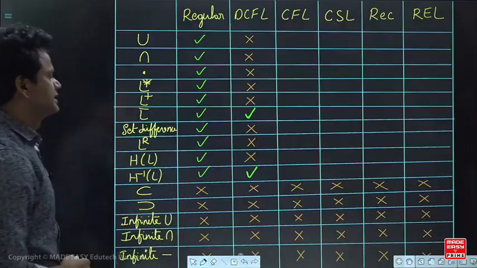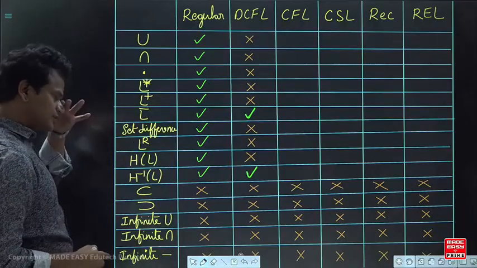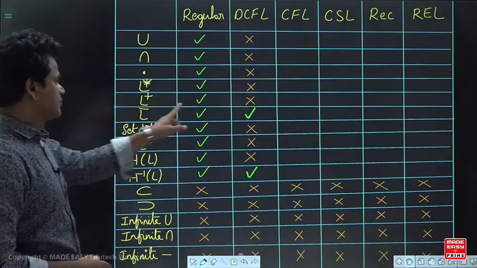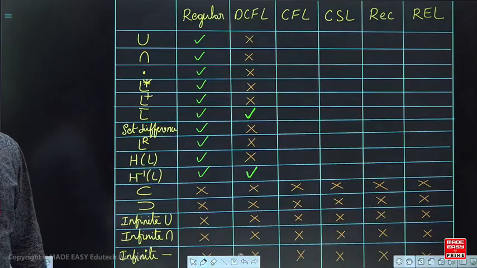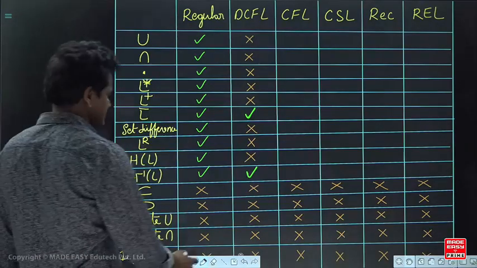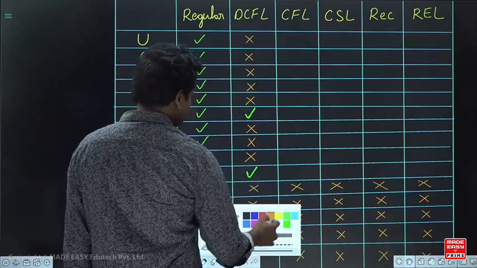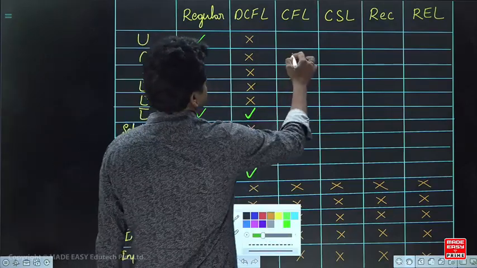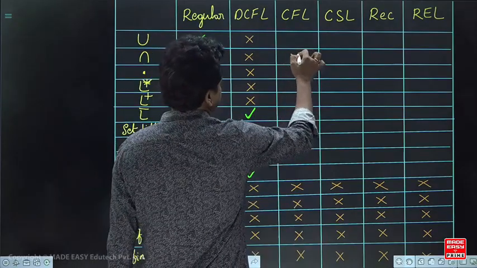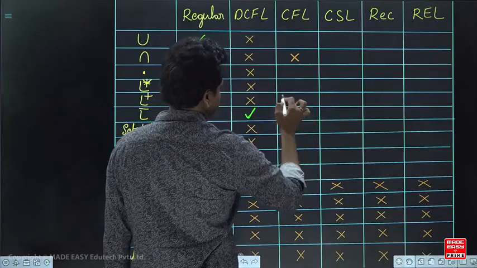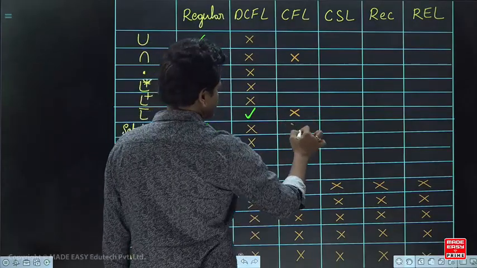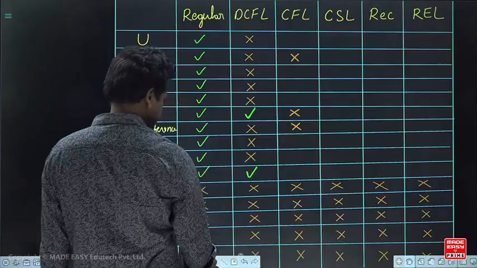Okay, so DCFLs are closed under only complement and inverse homomorphism, whereas CFLs are not closed under intersection and complement, and also set difference.